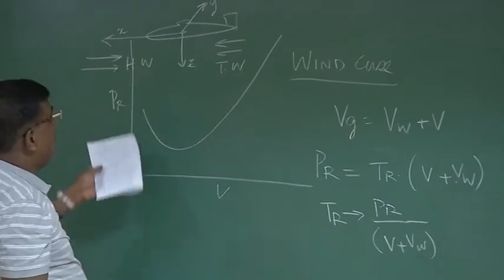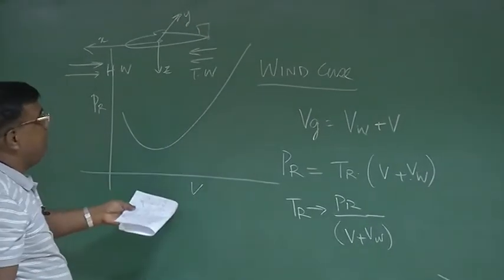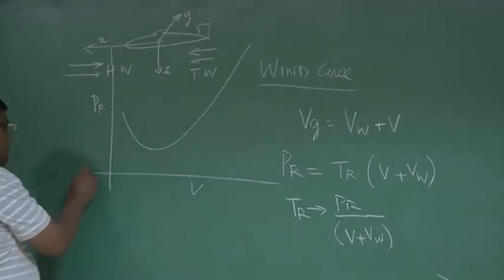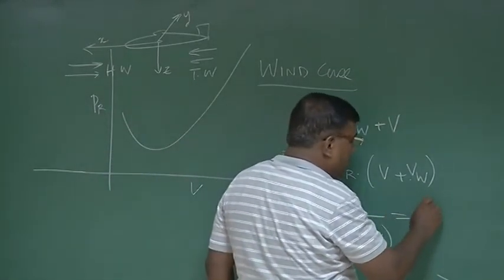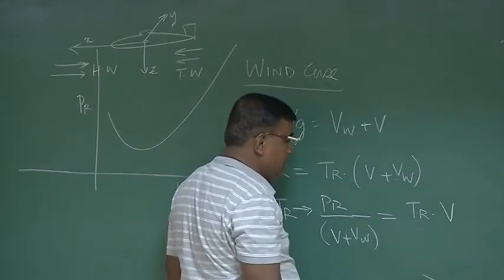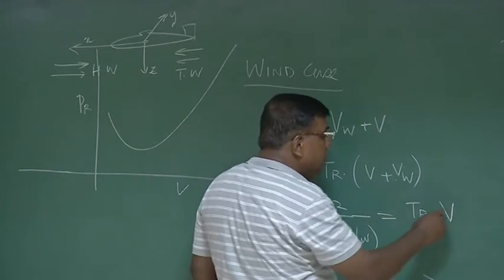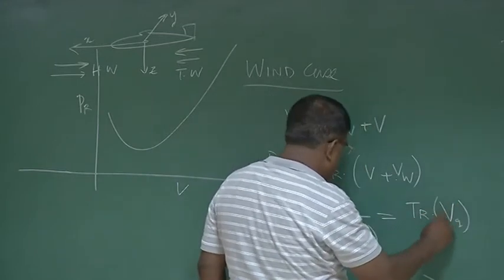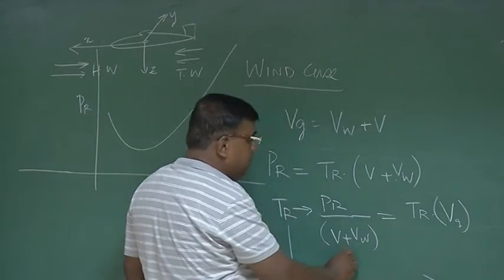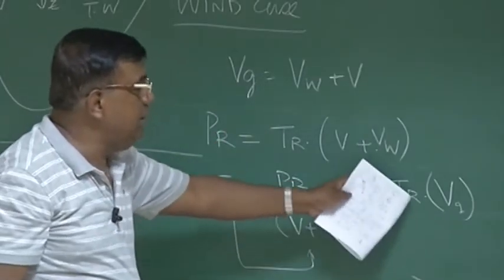So very simple, if this power required versus V graph is available with us, what I will do, I also further understand that power required is thrust required into speed, which is Vg. Okay? That is how this thrust required has come. The same thing here, which I have written in other notation.